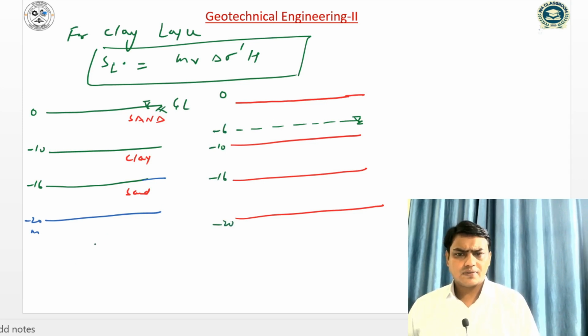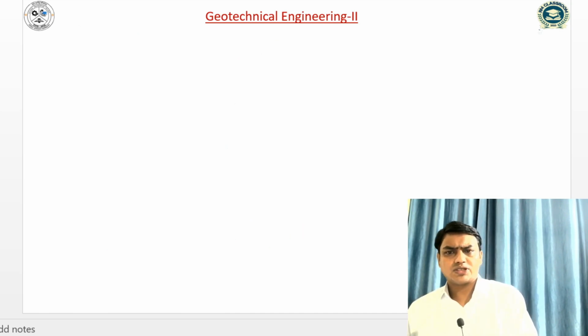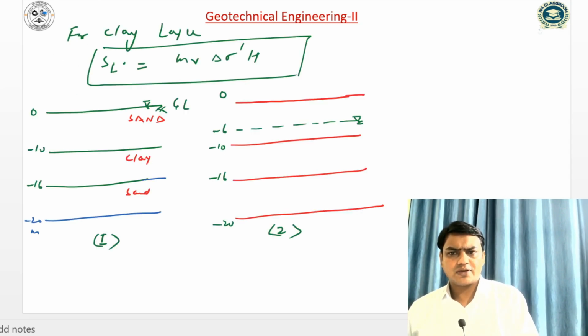So initially, what is the effective stress, situation 1 and situation 2? So sigma 0 dash 1 is equal to, where we have to find the effective stress? So at the mid of the clay layer. So this is the mid of the clay layer.